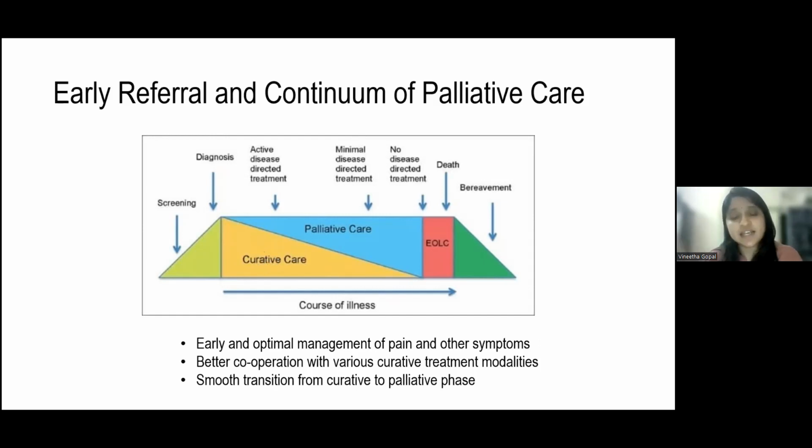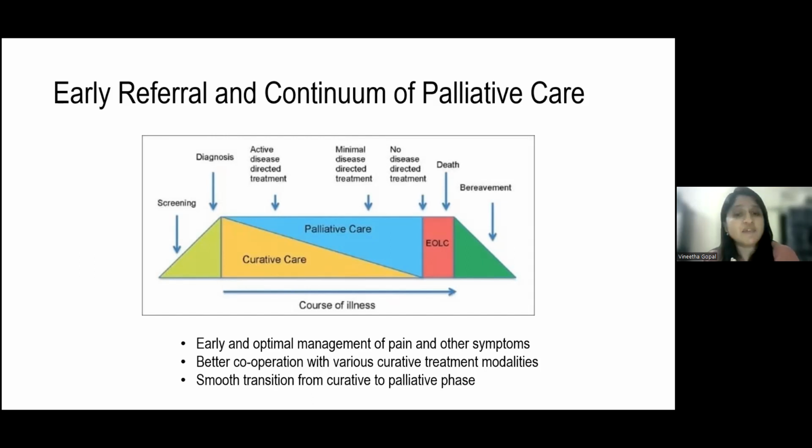And that actually is a free visit also for the palliative care consultant. It has been designed like that. Otherwise, the patients will not go. So that should be made mandatory, that in the first visit itself, you involve your palliative care physician also, so that there will be a smooth transition from curative care to palliative care. The patients will not feel devastated when you send them to the palliative OPD.